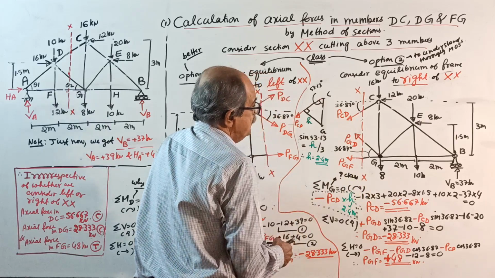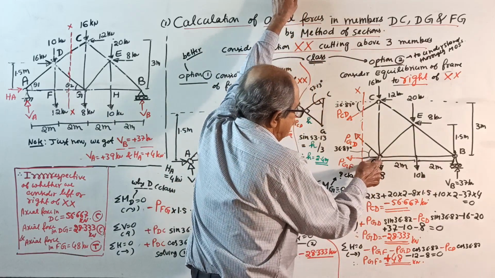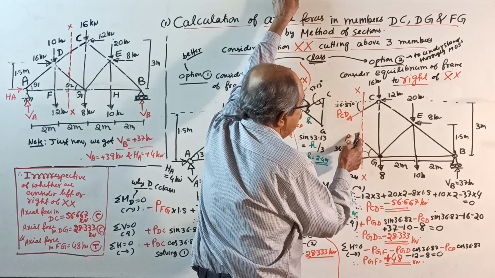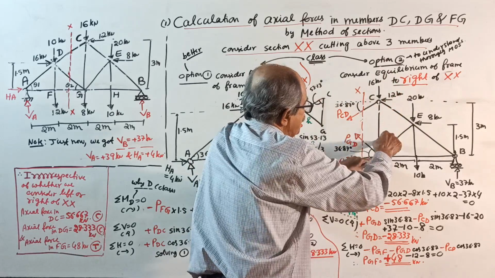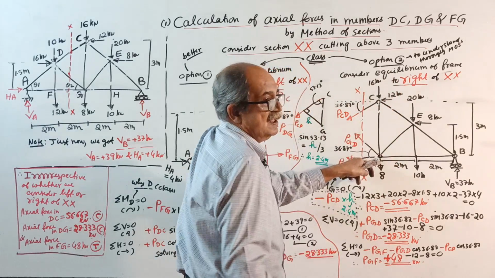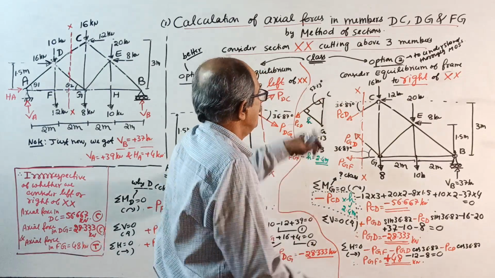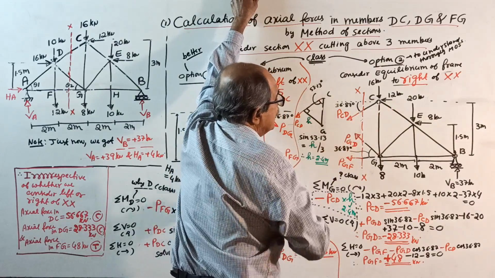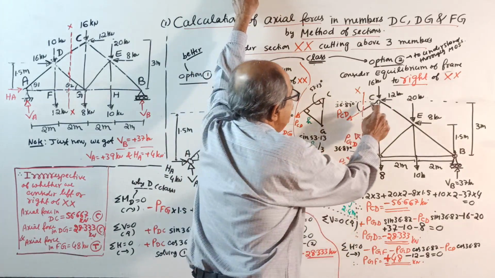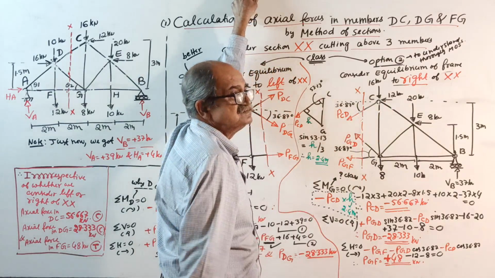Now, if you take moment about G, this into 0, this into 0, even 16 also into 0. But one problem is there now. The moment about G means only PDC will come, but PDC is an inclined force.